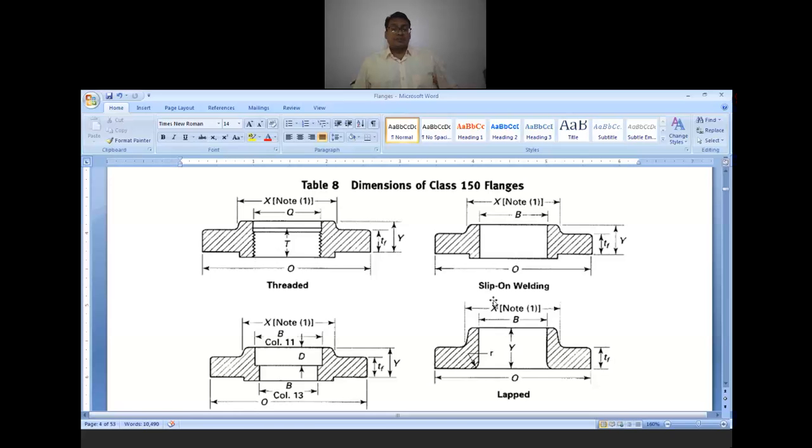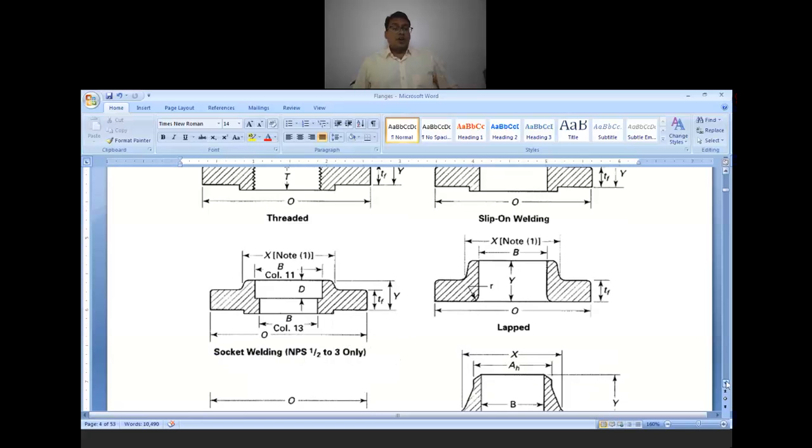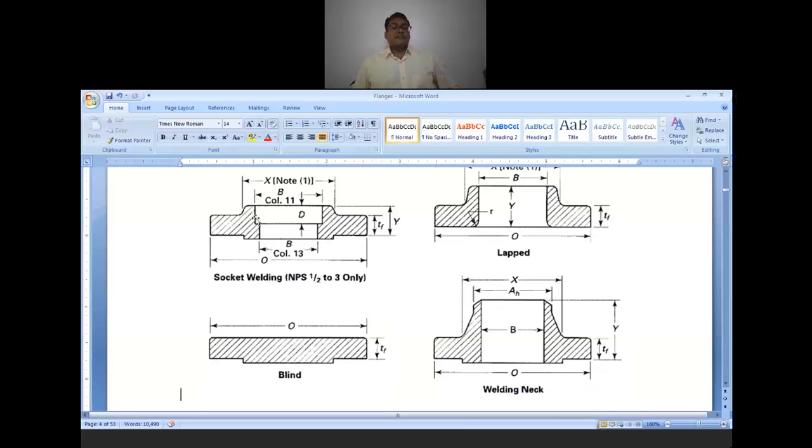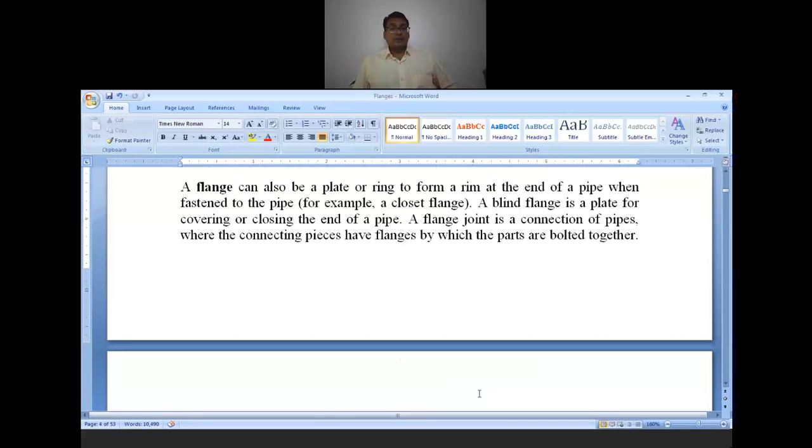Then slip-on flange, then you will have the socket welded, where a certain difference in the diameters is provided, that is what a socket is. Then lap joint flange, blind flange, welded neck flange. So these figures you have to draw in your drawing.